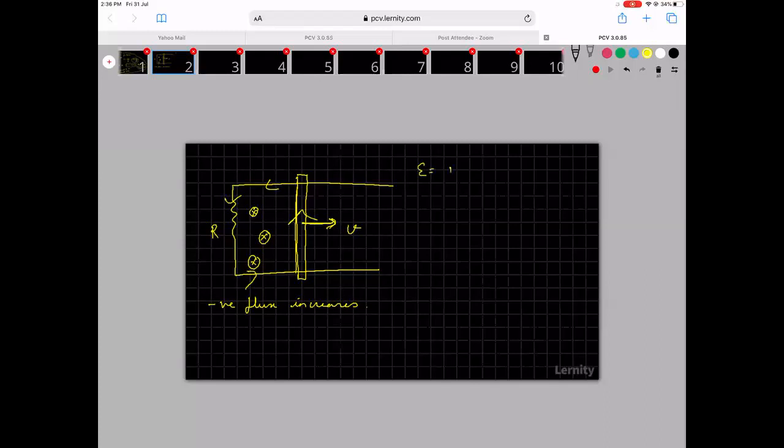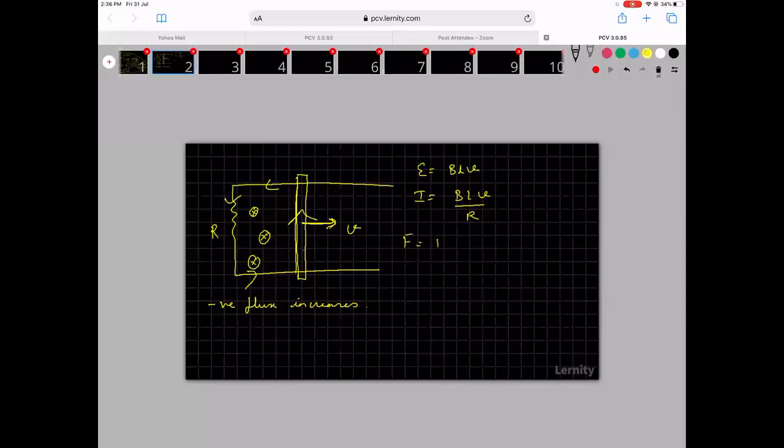EMF is equal to BLV. Current will become equal to BLV by R. Yeah. So now this is equivalent to a current carrying rod placed in a magnetic field.